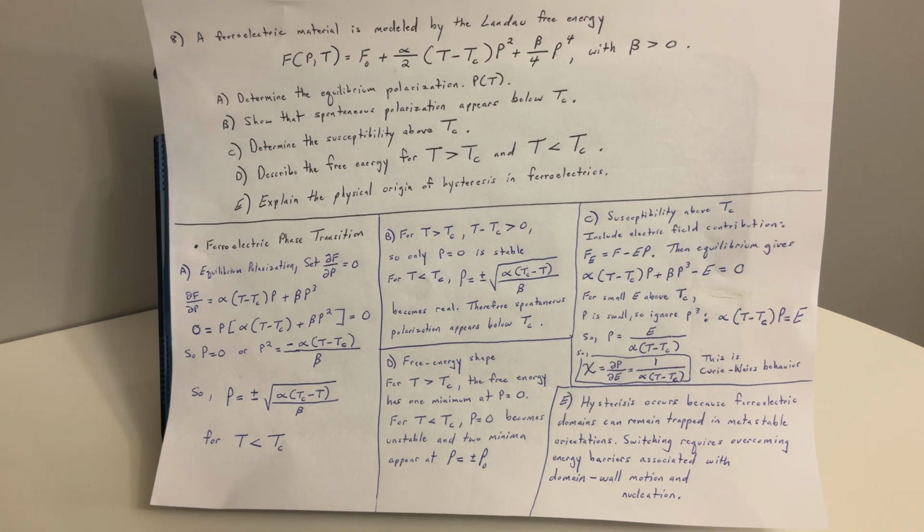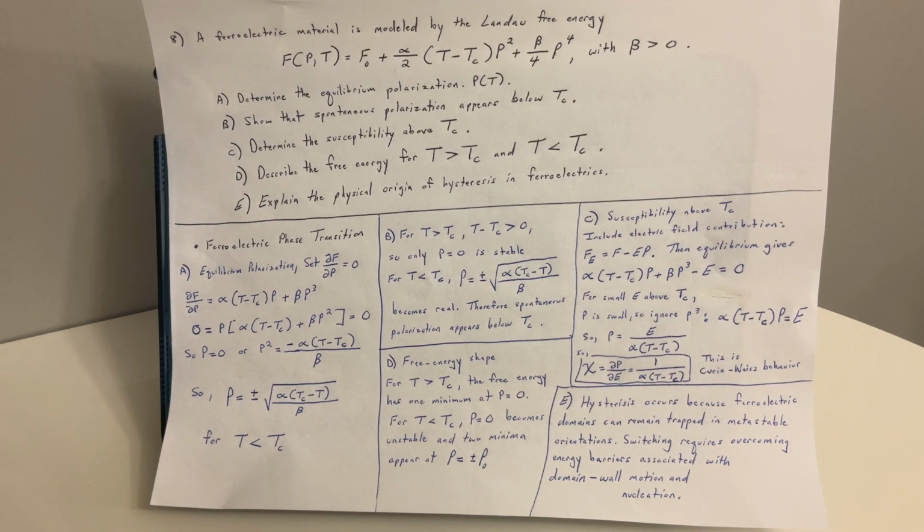C, determine the susceptibility above T sub c. Here, the susceptibility above T sub c includes the electric field contribution. So F sub E equals F minus EP, then at equilibrium, that gives alpha times (T minus T sub c) P plus beta P cubed minus E equals 0. For small E above T sub c, P is small, so ignore P cubed.